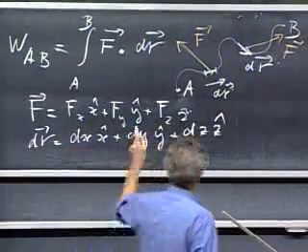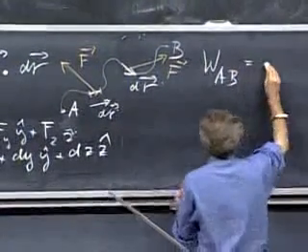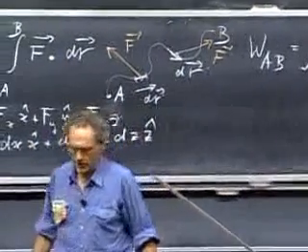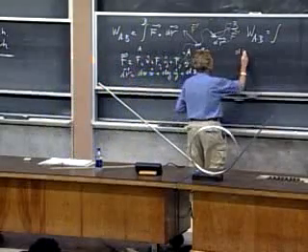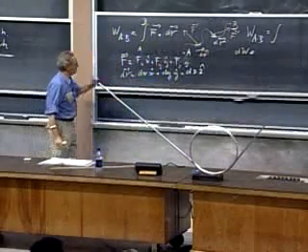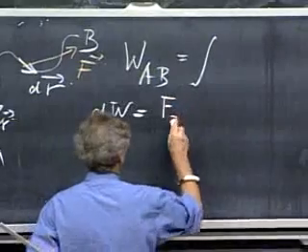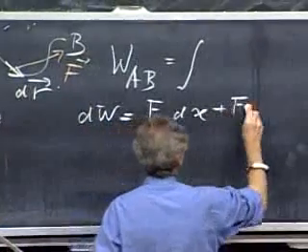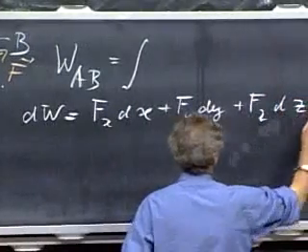So the work that this force is doing when it moves from A to B is the integral of this F dot dr. Let's first take a small displacement dr, then I get dW, that is simply Fx times dx, it's a scalar, because this is a dot product, plus Fy dy plus Fz dz.